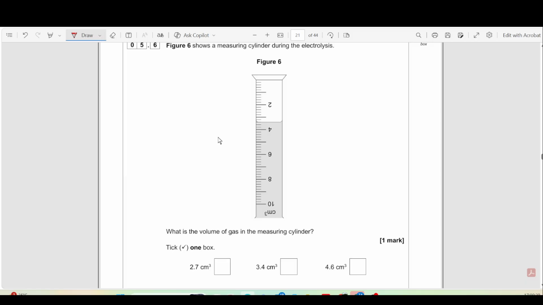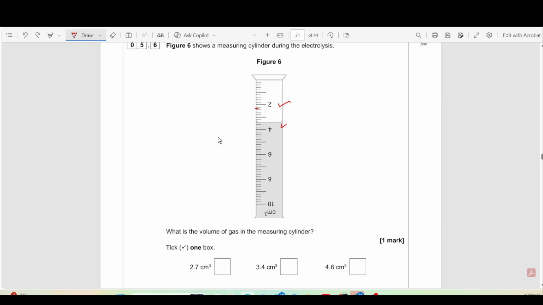The gas fills the space from the zero mark down to the liquid, and the numbers you can see are 2, 4, 6, 8, and 10. Then there are 10 small markings between each whole number, like between 2 and 4: 1, 2, 3, like this.